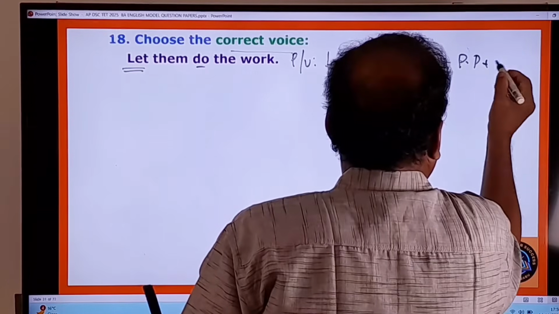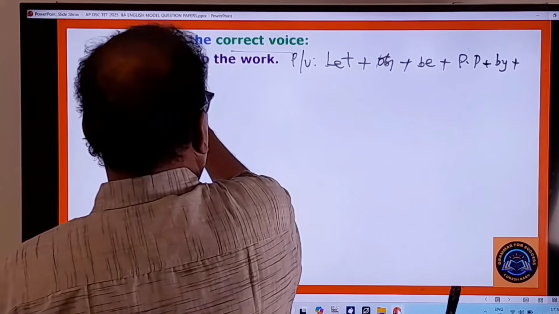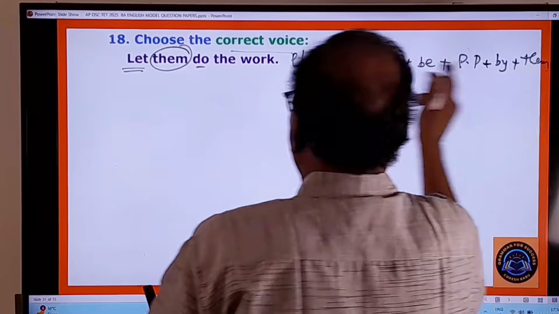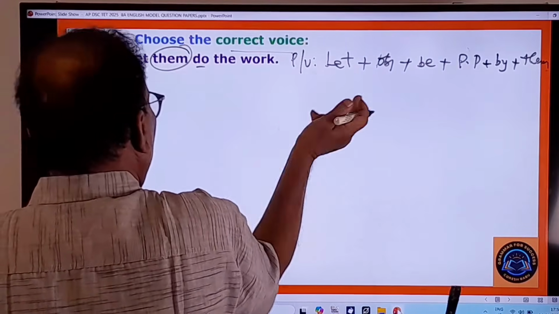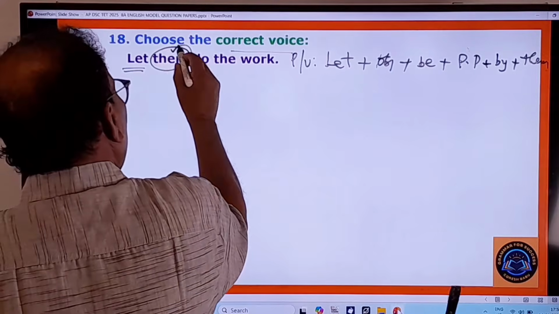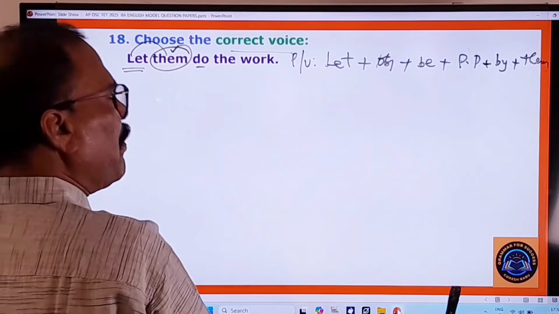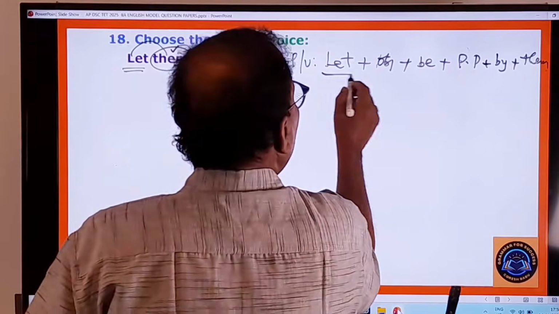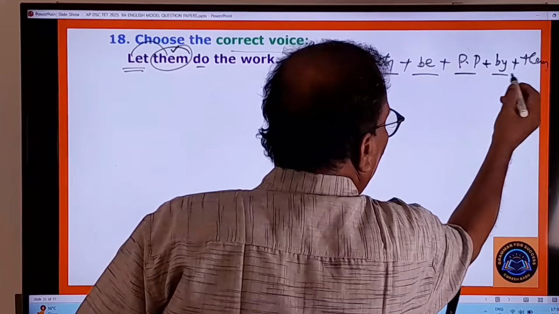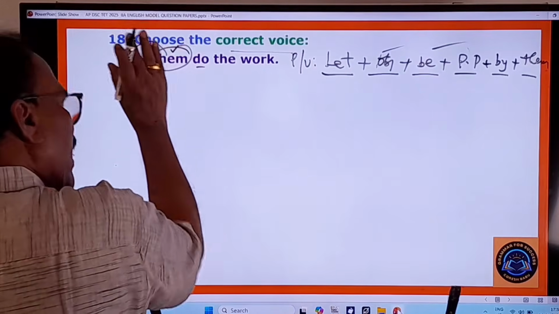After that you use by. Then whatever objective case pronoun is used after let, like her, me, them, that must be used there as it is, along with the preposition by. So the structure is: let, object, be, past participle form of the verb, by, and then the pronoun. This is the structure of the passive voice of this let sentence.